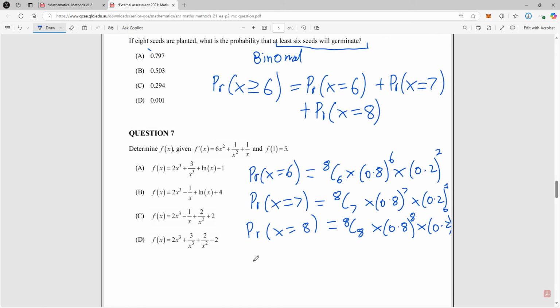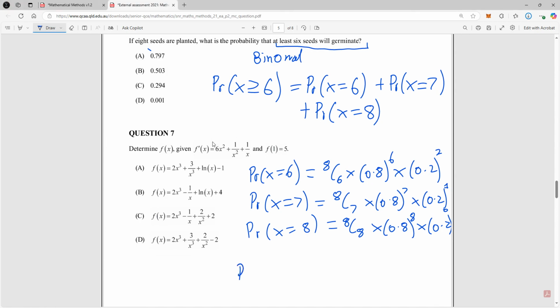Now let's put that into a calculator. I'll just use this one here, probably the easiest one to do. So I'll work out that first one, probability, 8 choose 6. If you want to go straight to the answer, just skip past this bit, that's fine. This is literally how long it would take in an exam anyway.